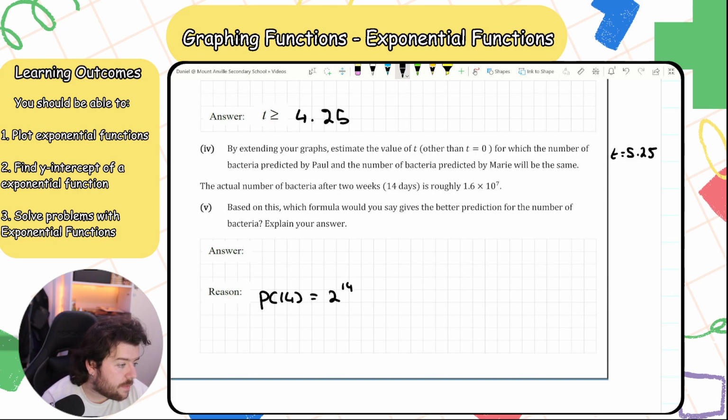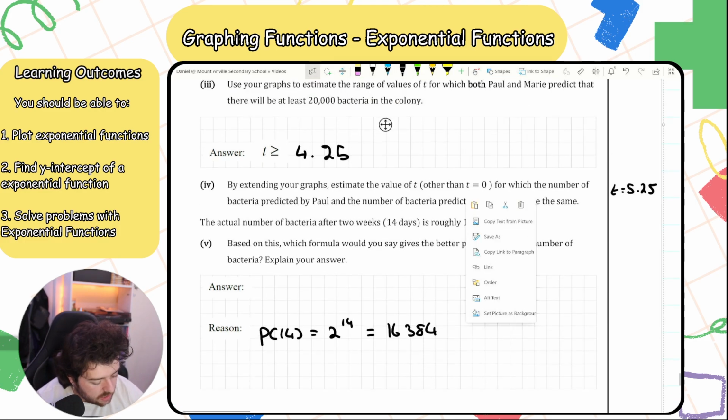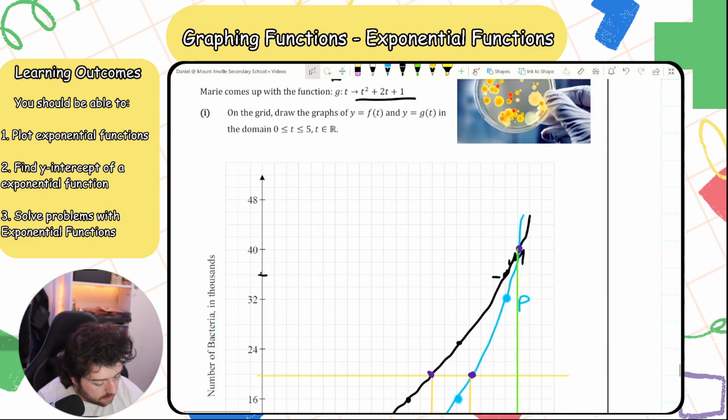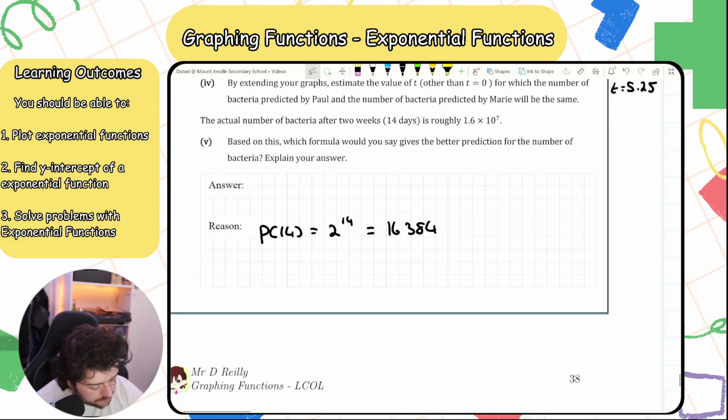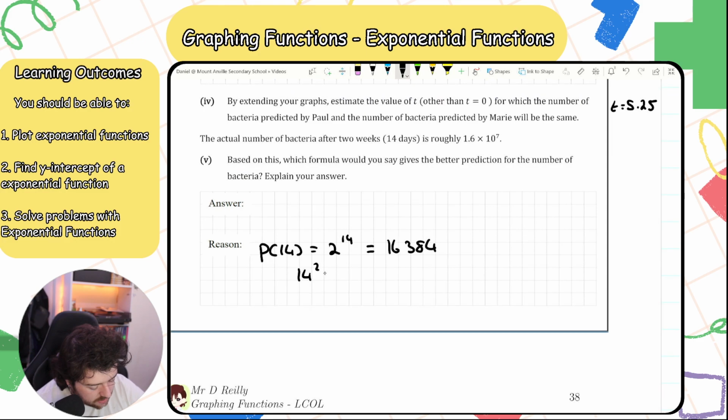So 2 to the power of 14 is equal to 16384. And then Marie's. What was it? t squared plus 2t plus 1, so 14 squared plus 2 times 14 plus 1. Put that in the calculator.